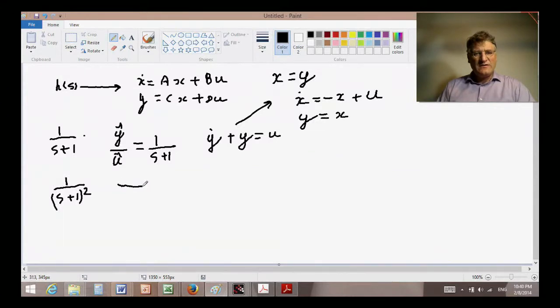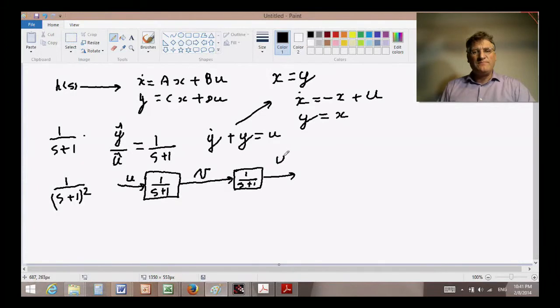Indeed, if our input u is here, we pass it through a first transfer function 1 over s plus 1. We then pass it through a second transfer function 1 over s plus 1, and we get y at the output.